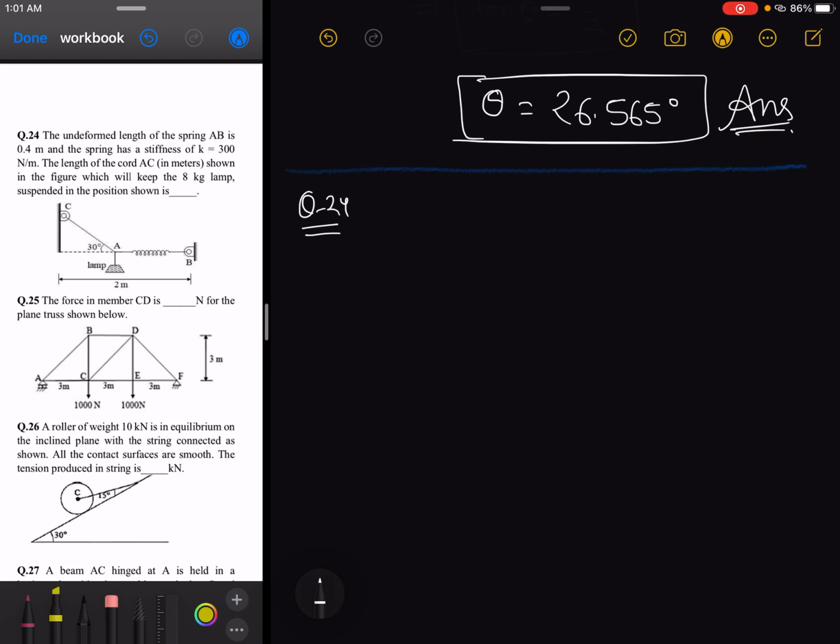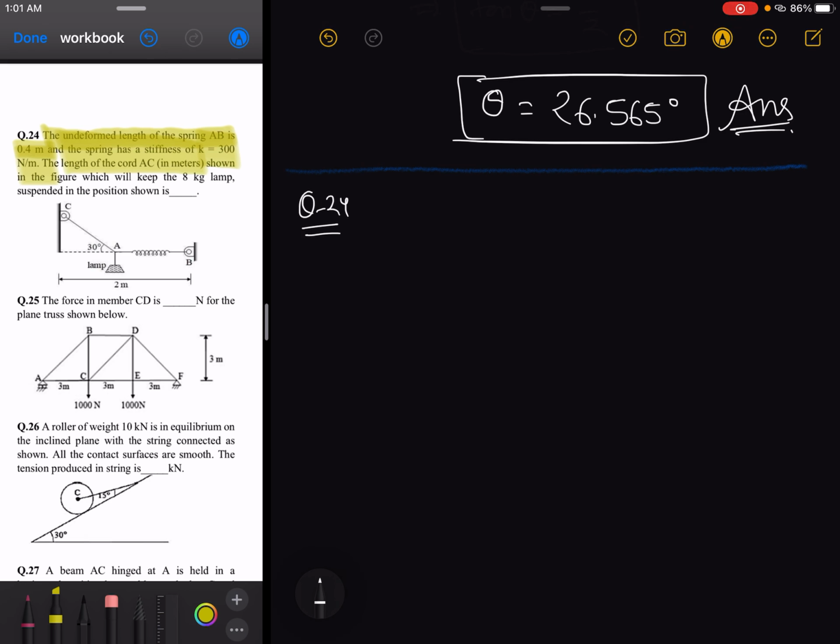This is the question. First of all, read the question carefully. The undeformed length of the spring AB is 0.4 meter and the spring has a stiffness of K equal to 300 Newton per meter. Okay, the length of the cord AC in meters.